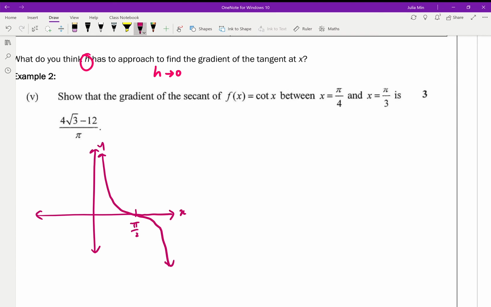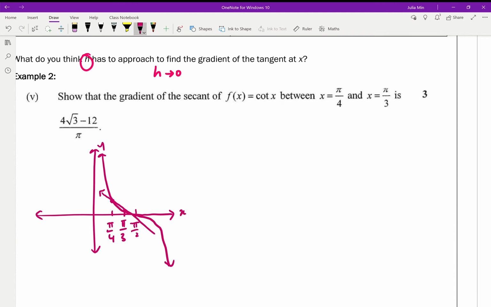Okay, and that point on the x-axis is 90, so not pi over 2. Pi over 4 is here, and pi over 3 is 60, so it would be somewhere here. So we're actually finding the gradient of the secant that goes through those two points that lie on cot.